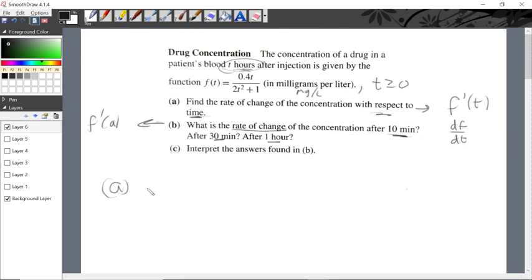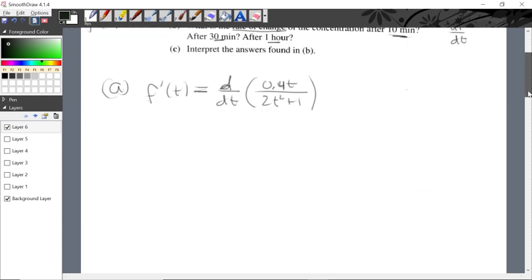So for A, we are finding f prime of t, which is the time rate of change, the derivative with respect to time of the function 0.4t over 2t squared plus 1. So we need the derivative with respect to t of a quotient, so we need the quotient rule.